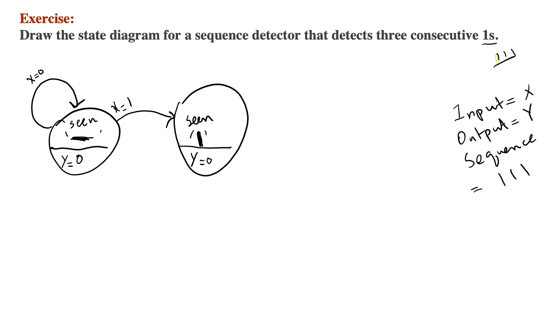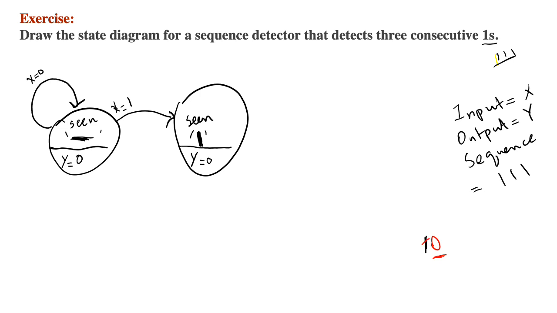Now if we receive a 0, it means what we'll have in the memory is going to be 1 and then 0. But 1 0 is not part of the sequence. So let's see what we can work with by simply looking at the most recent bit.